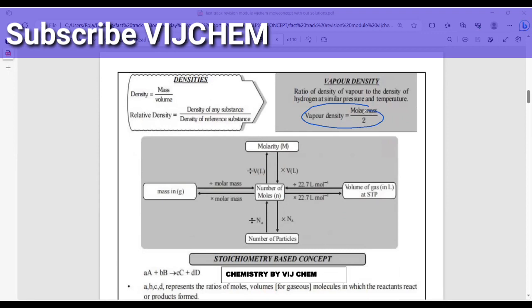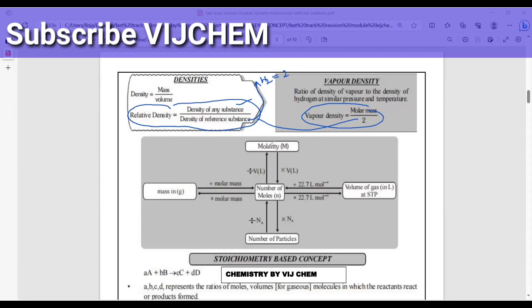Otherwise, molecular mass is equal to 2 into vapor density. And for relative density, actually, we take the reference substance as hydrogen. So hydrogen mass is 2. That's why this 2 came here. So the density of any substance is compared with hydrogen. That's why this 2 is given here.